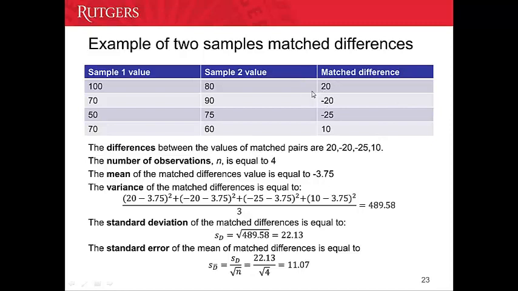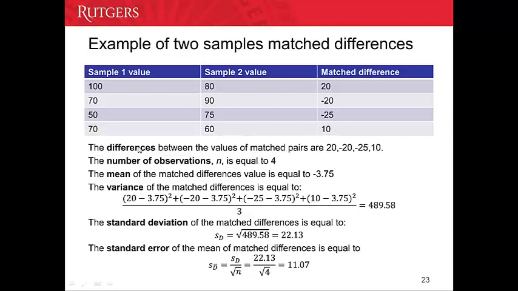The first one is equal to 100 minus 80, so we get 20. The second one is 70 minus 90, which is equal to negative 20. We have 50 minus 75, equal to negative 25. The fourth matched difference is 70 minus 60, equal to 10.